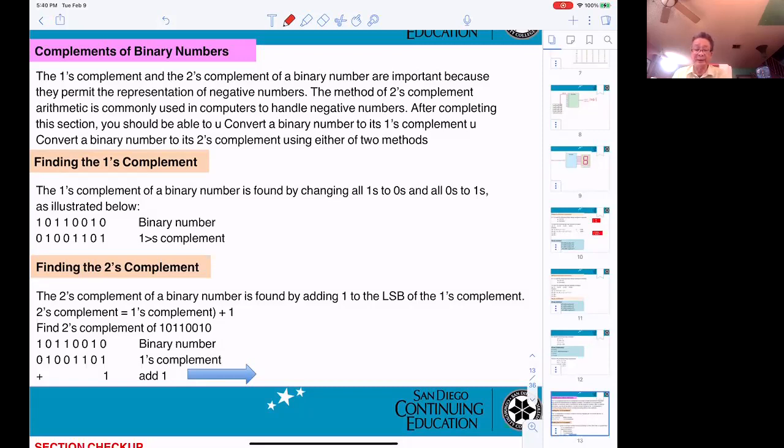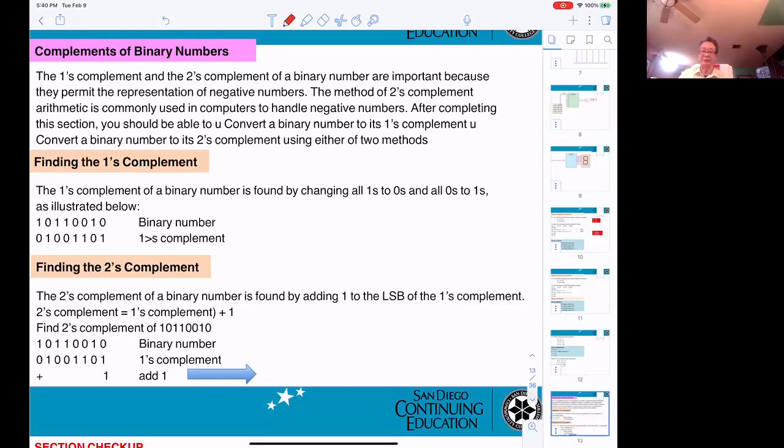After completing this section, you should be able to convert a binary number to its first complement or second complement. So first complement first. The first complement of a binary number is found by changing all 1s to 0s and all 0s to 1s.